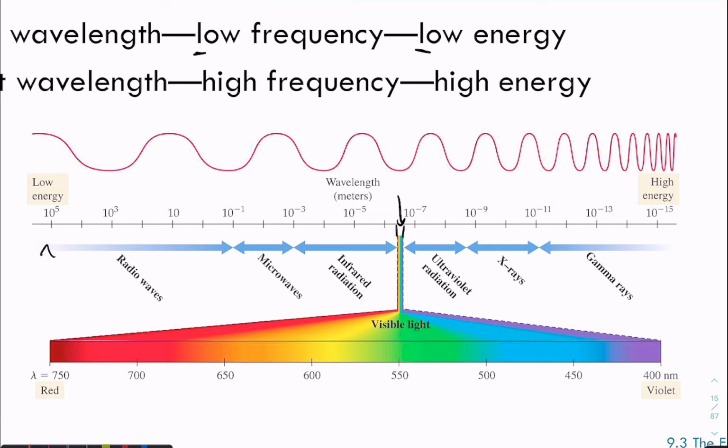Long wavelength, 10 to the 5 meters, very, very long wavelength. Those would be like the longest wavelength radio waves. Radio waves are super, super low energy. Microwaves are one of the second lowest energy wavelengths.